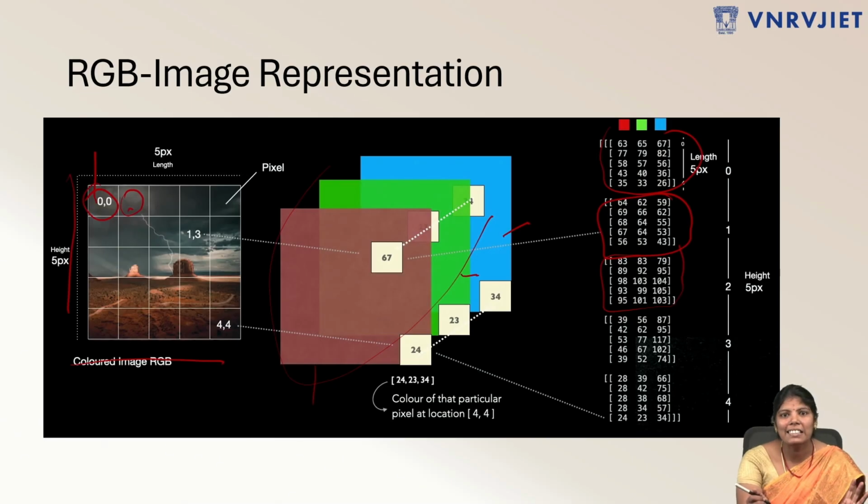Here we have three colors, so the depth is three channels. So this is about the RGB colors. The combination of all these gives you the pixel value, the pixel color value.